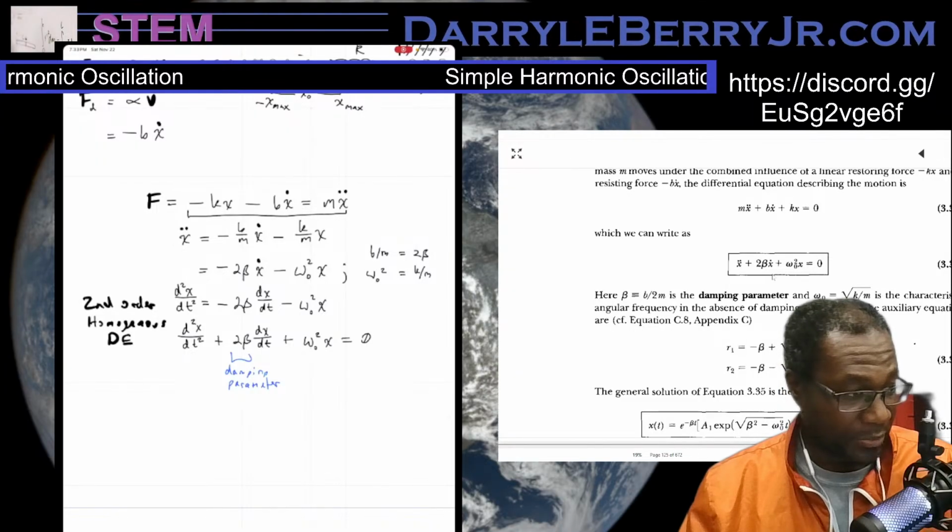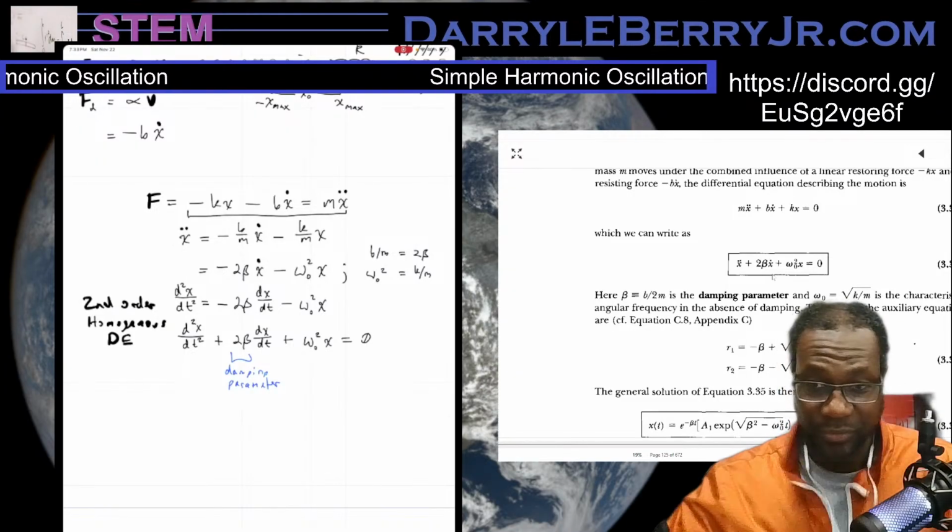They just left off the x double dot, x dot and x notation.